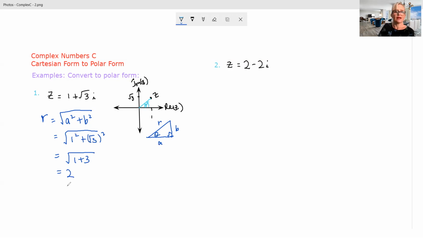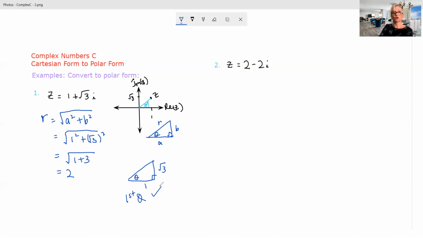Now, how are we going to get our theta? We're quite fortunate in that we're in the first quadrant. And what we've actually got here is this length is 1 and this length is √3. And we want to know what's theta. So we know that we're in the first quadrant.